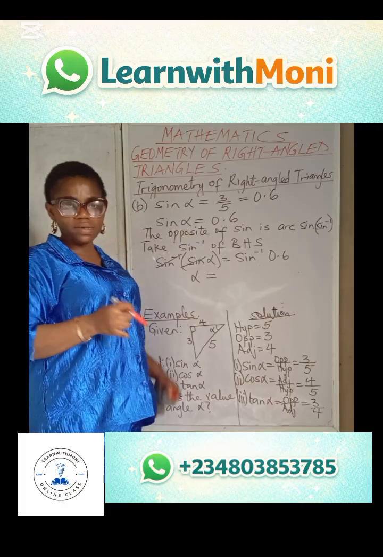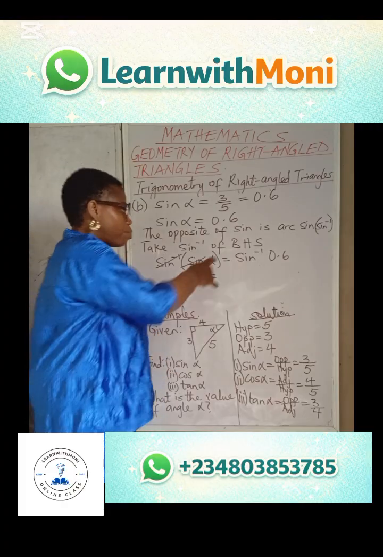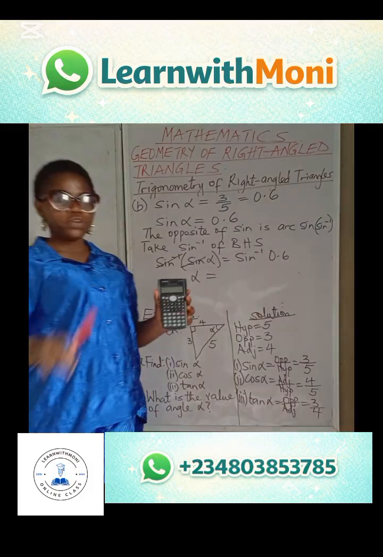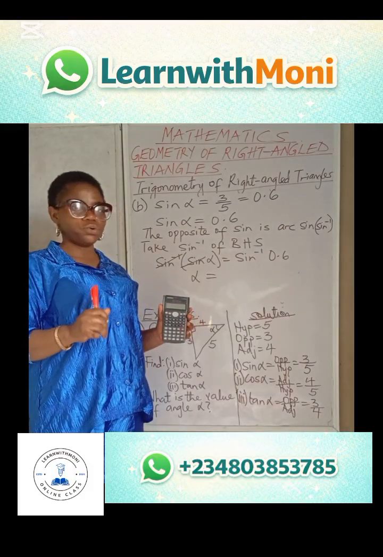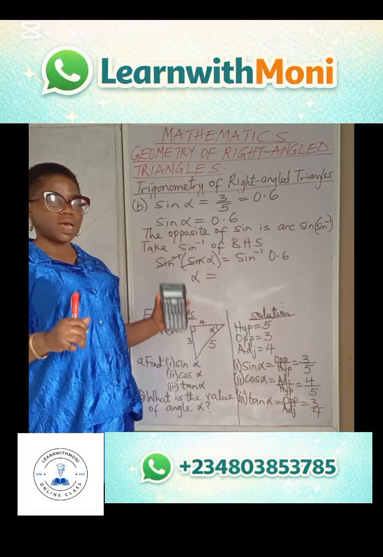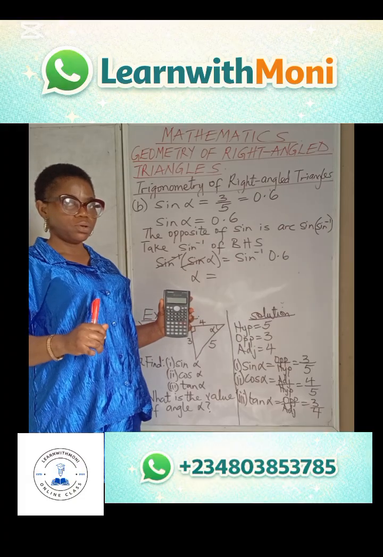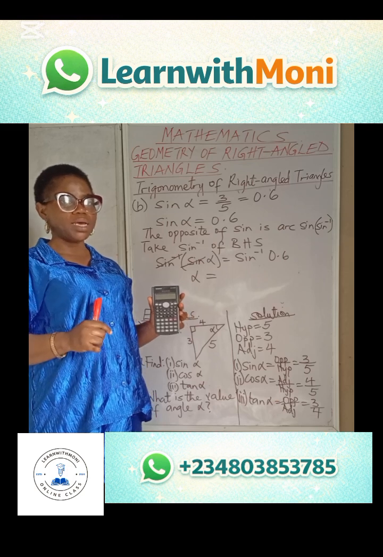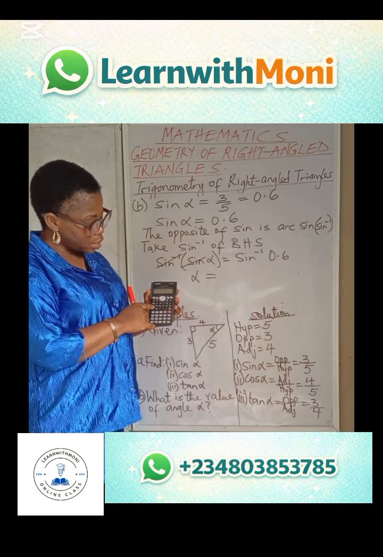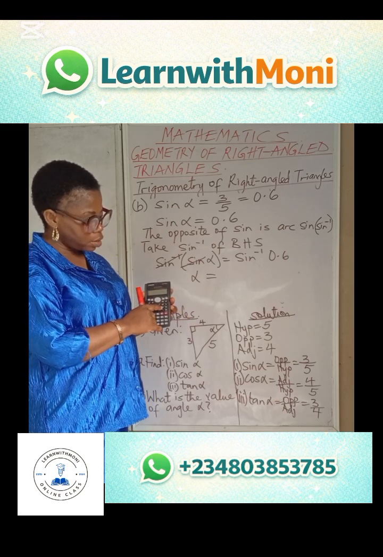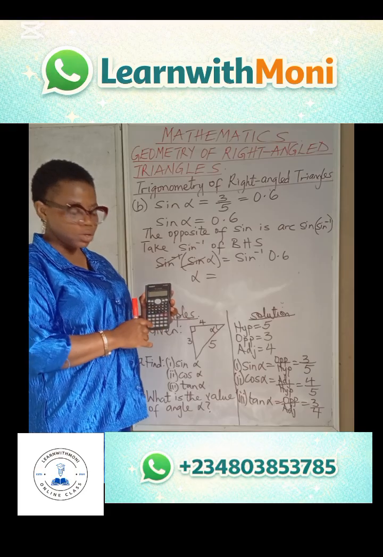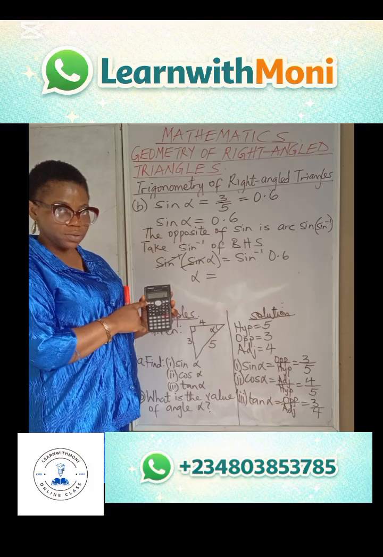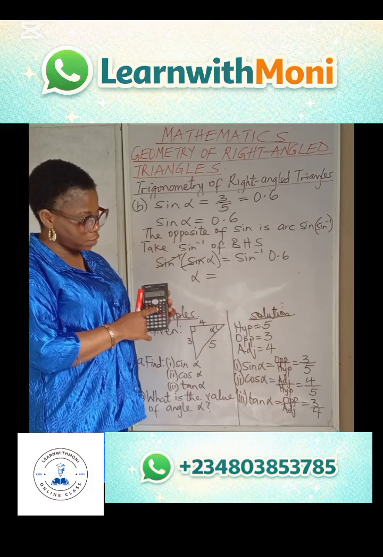If you have your scientific calculator, you can punch arcsine on your scientific calculator. For students in senior school, you make use of scientific calculator. You can zoom in on this video for you to see how I punch my arcsine. On the calculator, you have sine, cos, and tan. To punch arcsine, you press shift and sine.